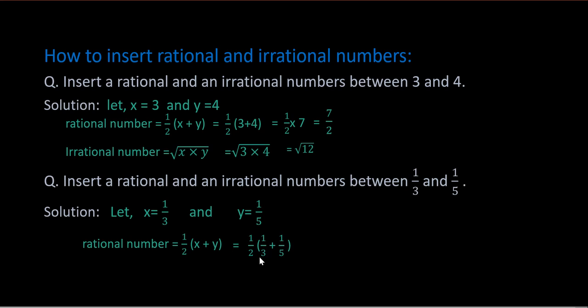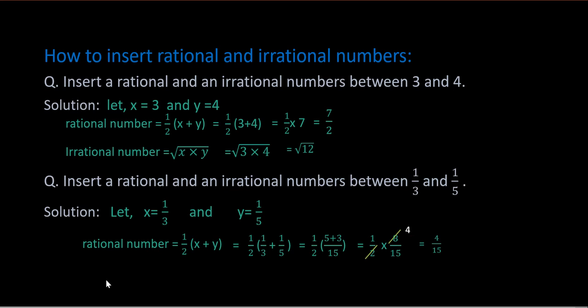Here for this portion, by doing calculation or LCM we find 1 by 2 into 5 plus 3 by 15, which is 1 by 2 into 8 by 15. Now 2 fours are 8. So we can write 4 by 15. That means the rational number is 4 by 15.